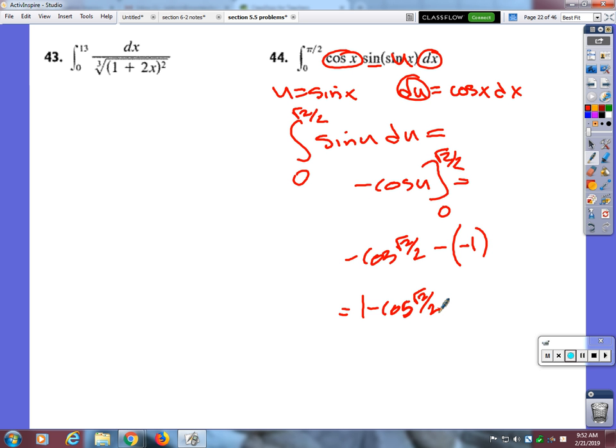Yeah, root 2 over 2 is the same as 1 over the square root of 2. You just rationalize the denominator, multiply the top and the bottom by the square root of 2, and that's what you get. Sometimes some math teachers don't like that. There's an old school rule that you can't ever have a square root on the bottom. It's evolving though, and more that's okay, but for those that's not okay, you multiply it by square root of 2 over square root of 2, which is just 1, so you're not changing the value of the thing. 1 times square root of 2 is square root of 2.